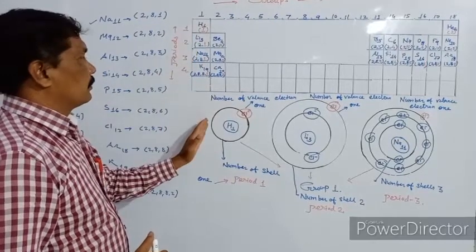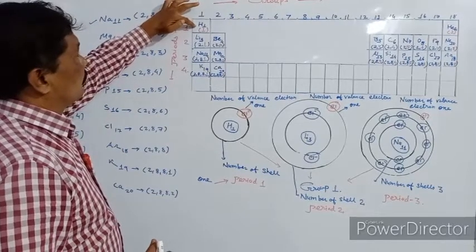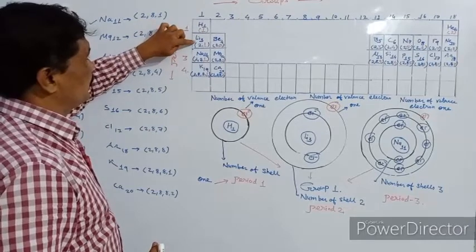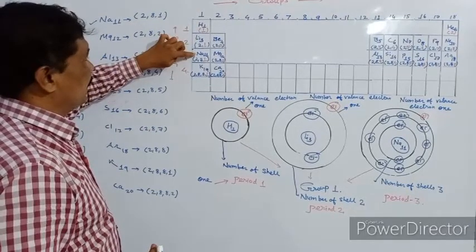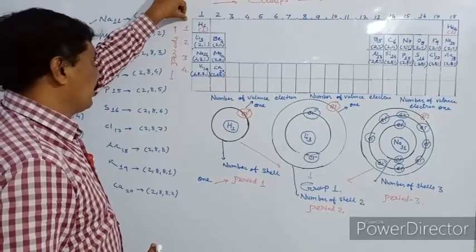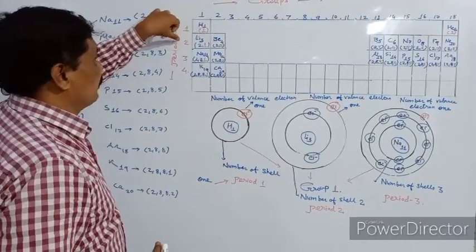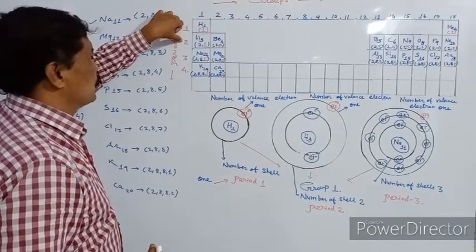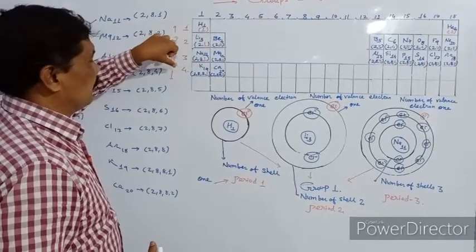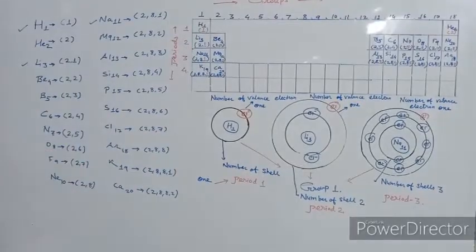a group number, whereas the number of shells, here the number of shells is 1, here 2, here 3, here 4. So if only one shell is there, we consider it period 1. If 2 shells are there, period 2. 3 shells, period 3. 4 shells, period 4. From this, what can we write?